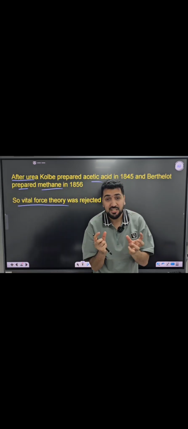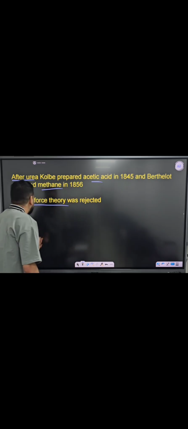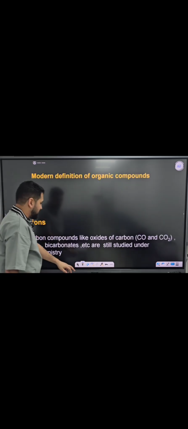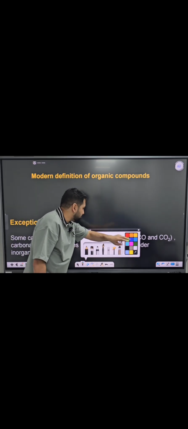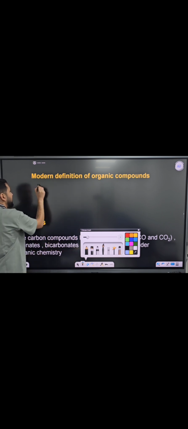Now you can define organic compounds in a much better way. Let's try to define organic compounds in a much better way. Right, guys? So what are organic compounds? What is the modern definition of organic compounds? Let me write down.